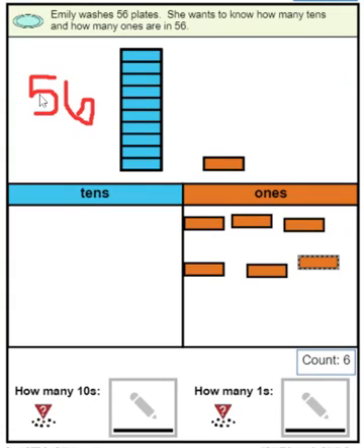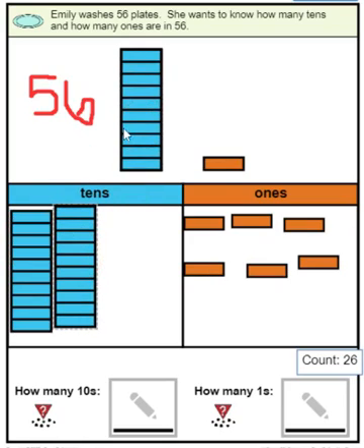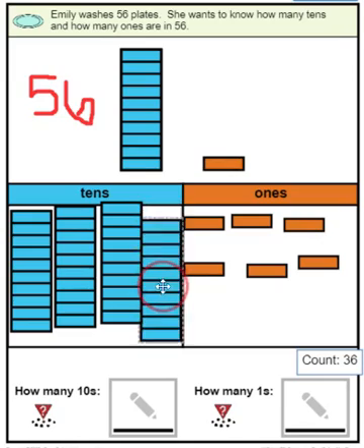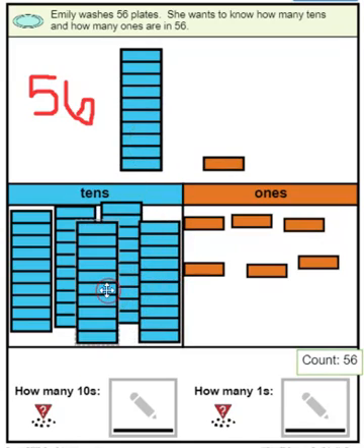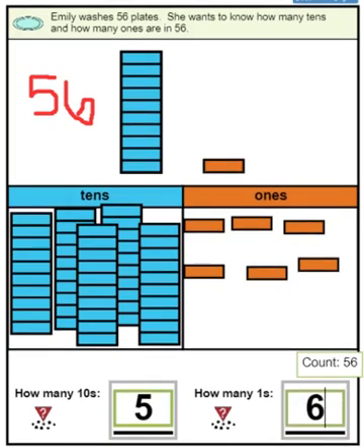And now I need 5 tens. 1, 2, 3, 4, 5. 5 tens and 6 ones. 5 tens is 10, 20, 30, 40, 50, plus 6 ones is 56.